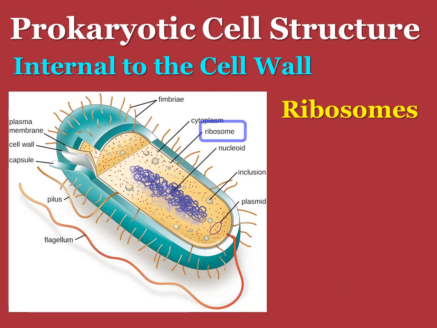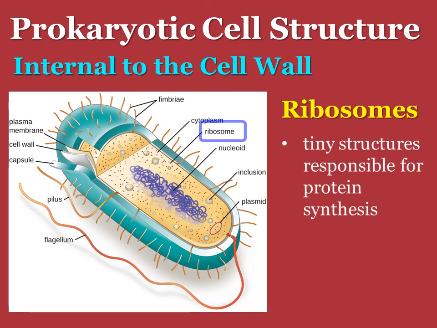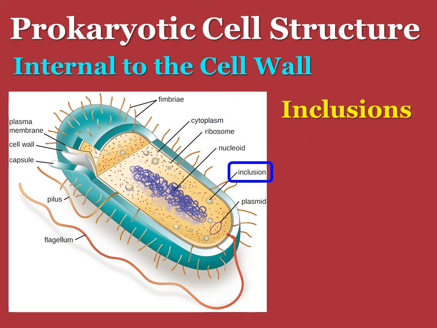Ribosomes are tiny structures responsible for protein synthesis. All prokaryotic and eukaryotic cells have ribosomes but differ in their subunits. Lastly, inclusions serve as reserve deposits that contain excess nutrients.